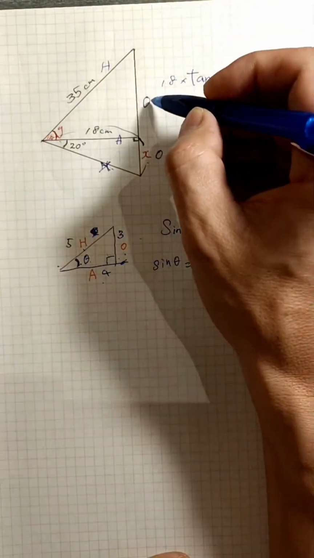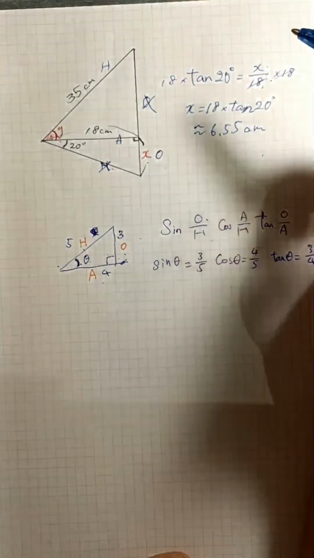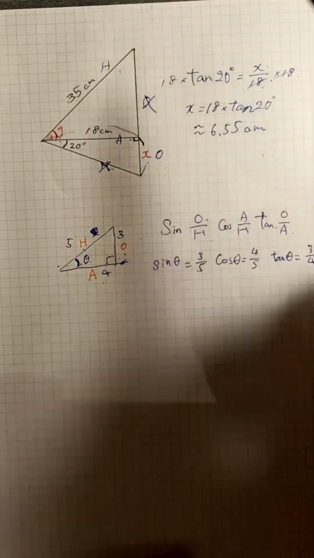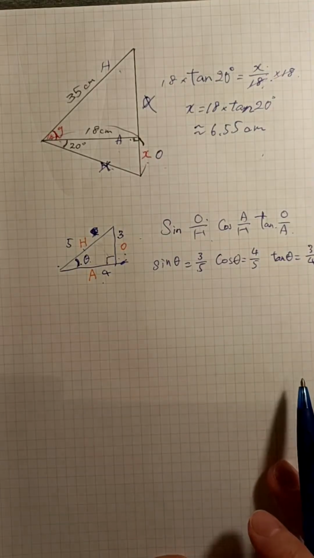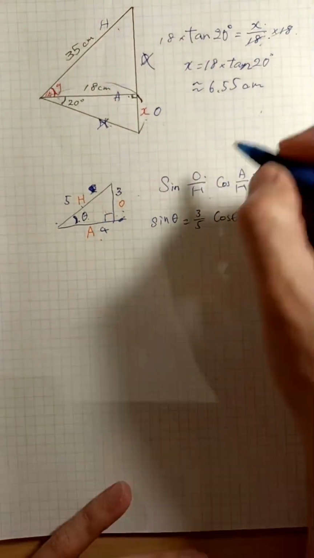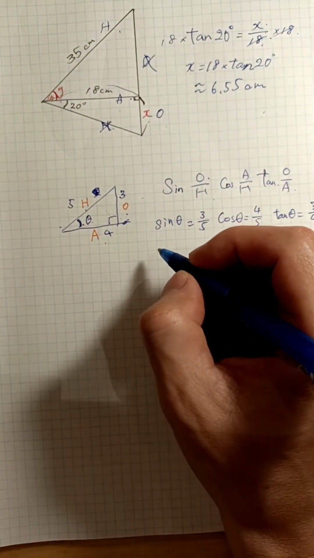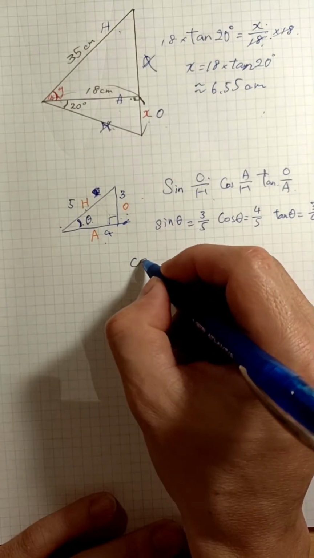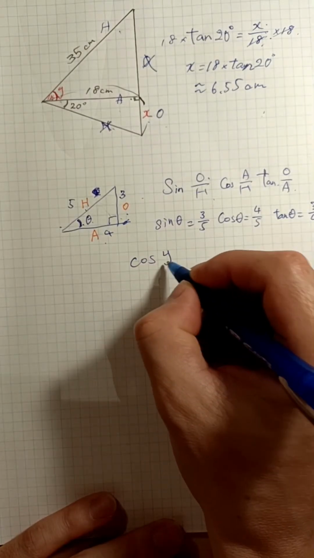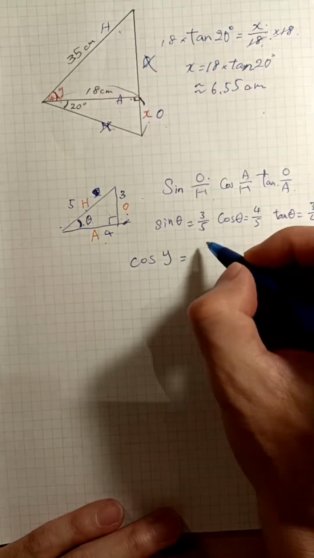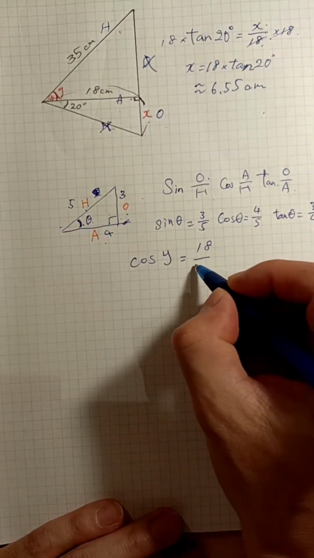Then we are crossing out the empty side. We are using A and H, which is CAH. So cosine y degrees is A over H, which is 18 over 35.